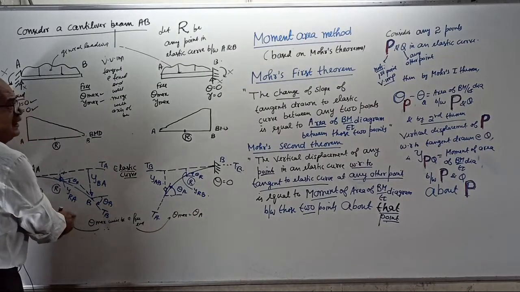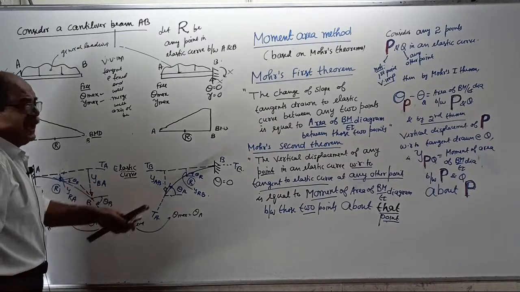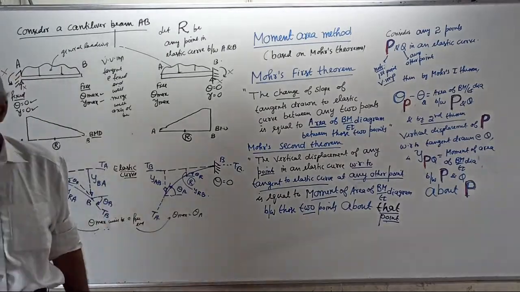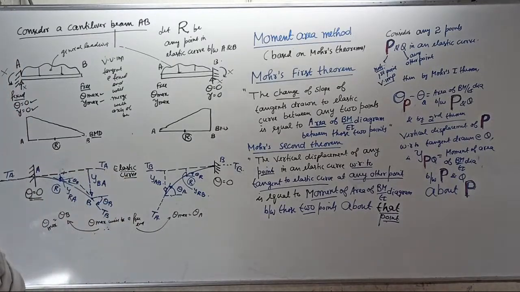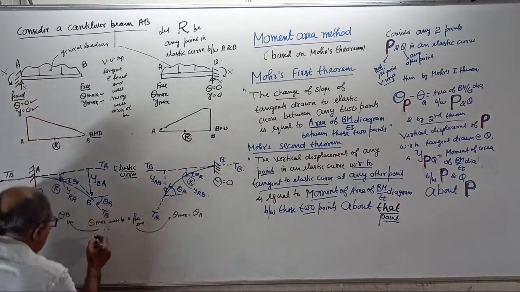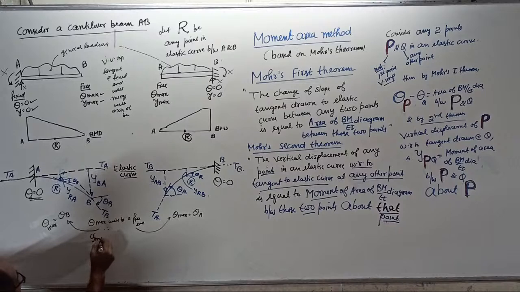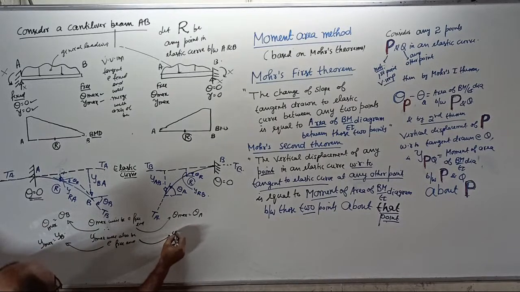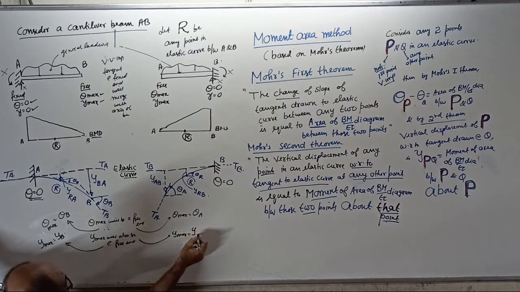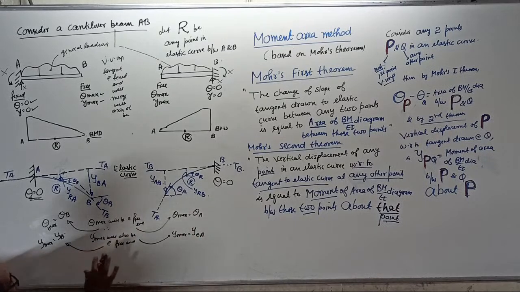For this example theta max is theta B. For that example theta max is theta A. The general statement is that theta maximum will be at the free end. Now, where is y maximum? Common: under normal loading, y maximum will also be at the free end. Therefore, for this example your y max equals the deflection at B, and for this example your y max equals the deflection at A. Correct? This is important.